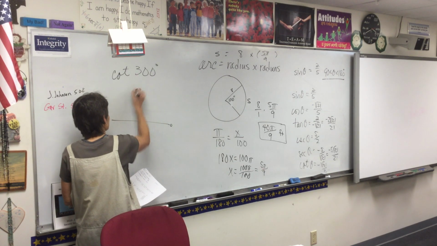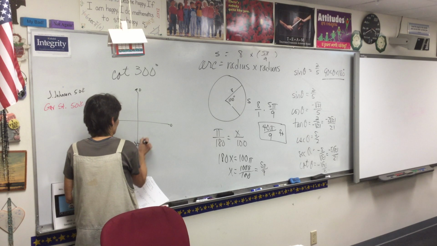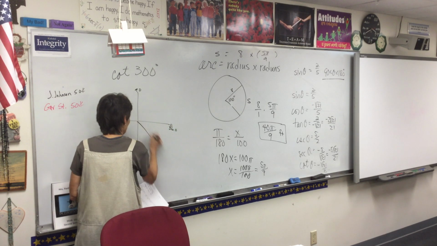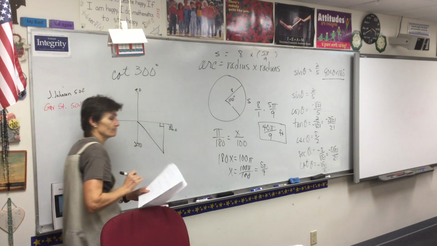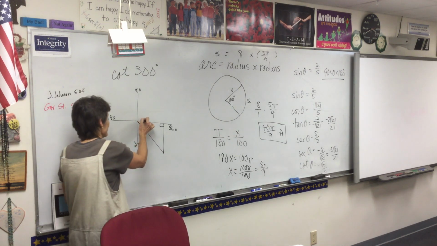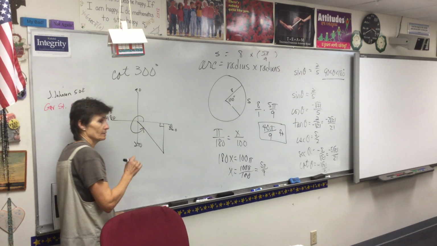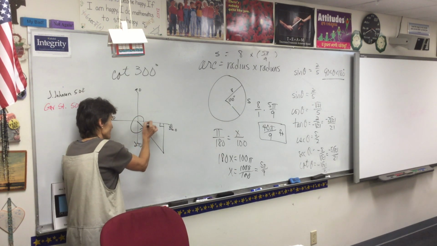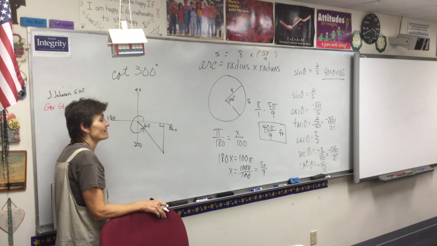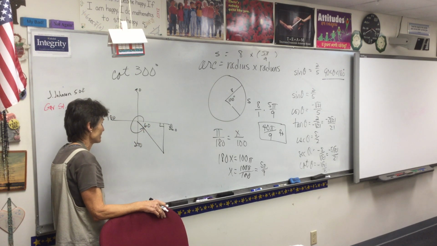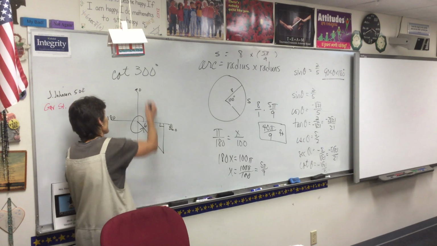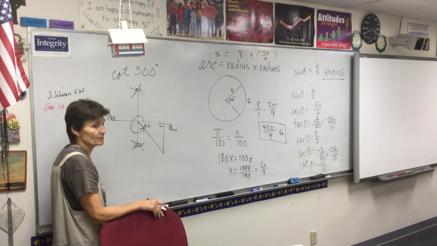Remember your labels. So 300 is going to be clear over here in quadrant 4. This is 300. So this is 60. 360 minus 300, that's 60. Do not use these ever in your calculations.